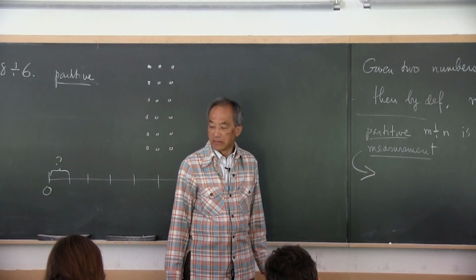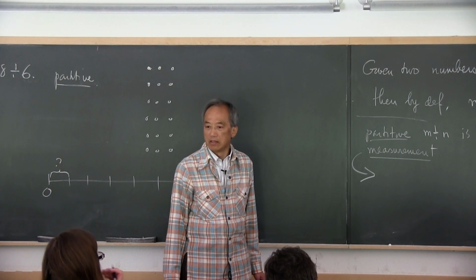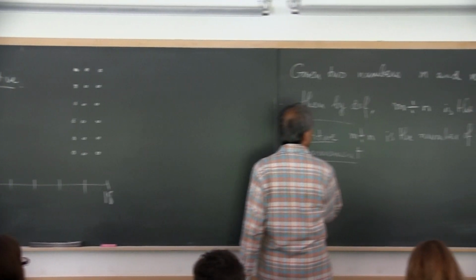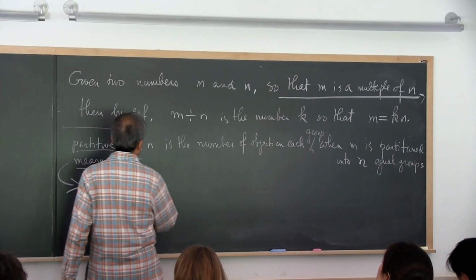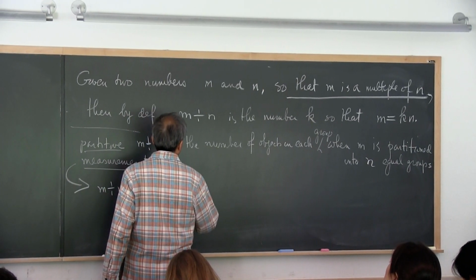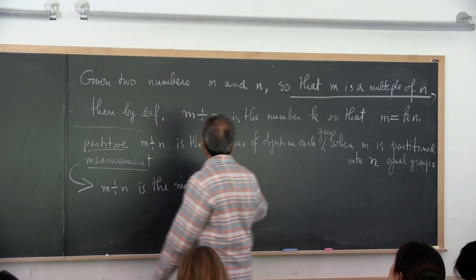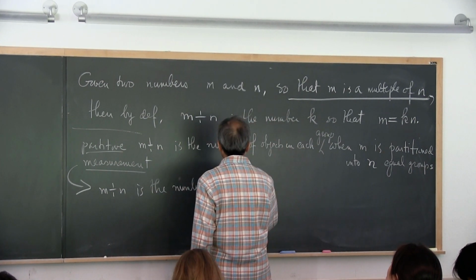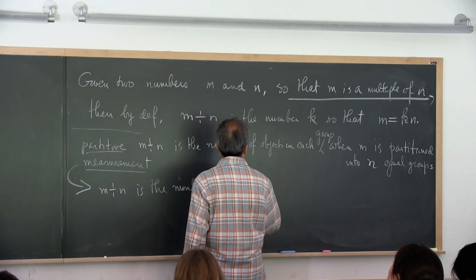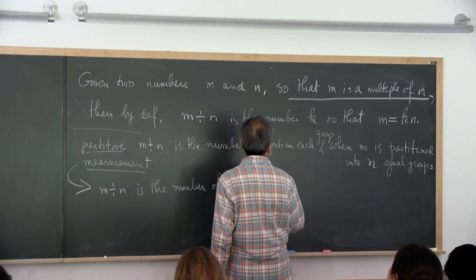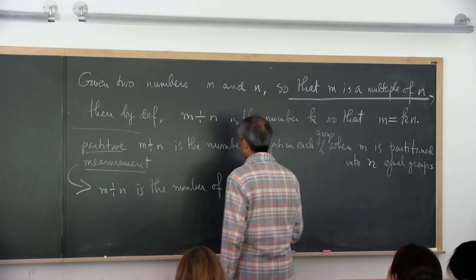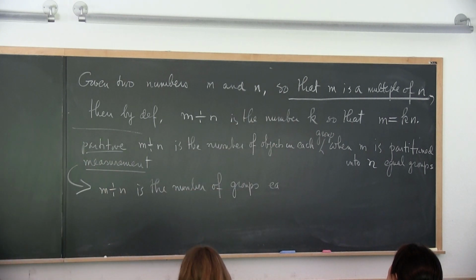Groups are of a certain size. m divided by n is the number of groups.